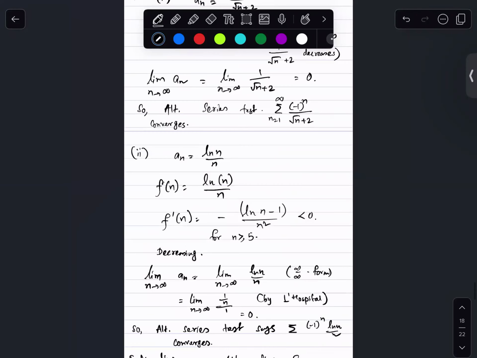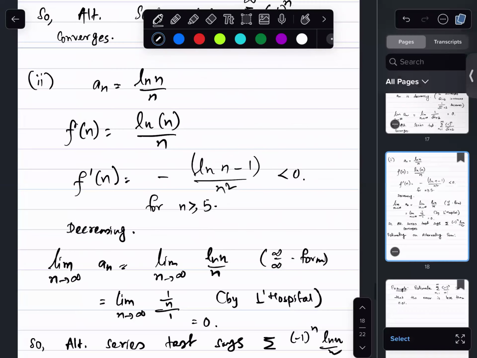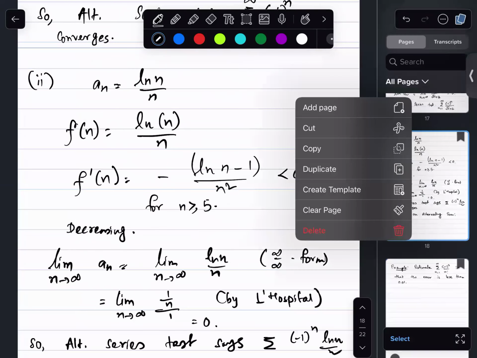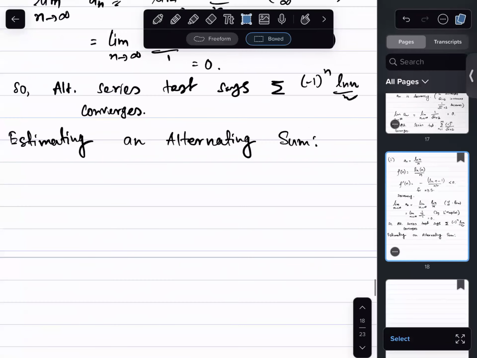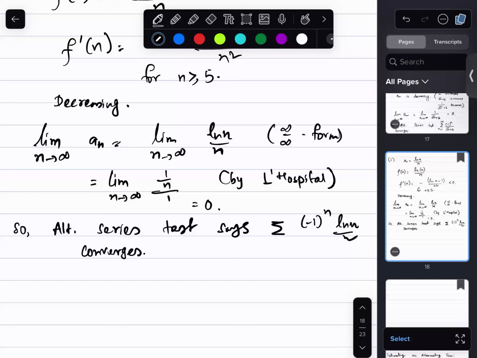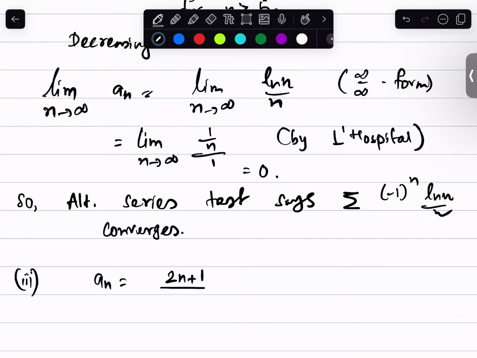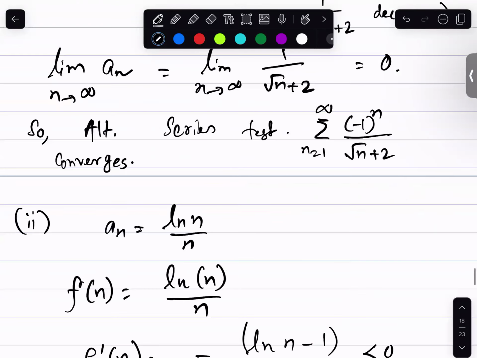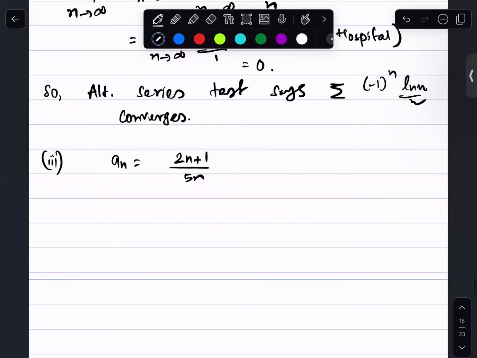Okay, I have one more example. For the third example, I will have an to be (2n plus 1) over 5n, right?